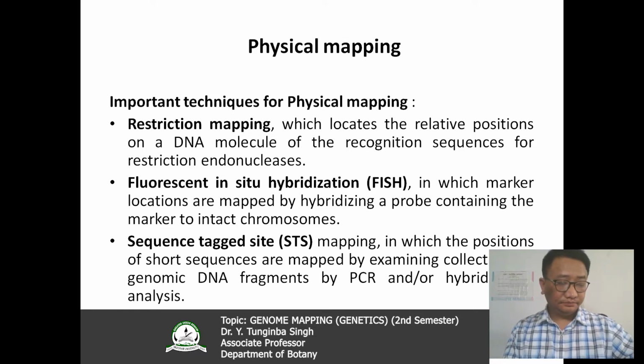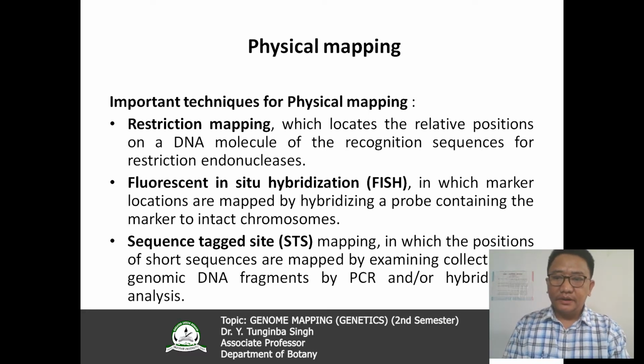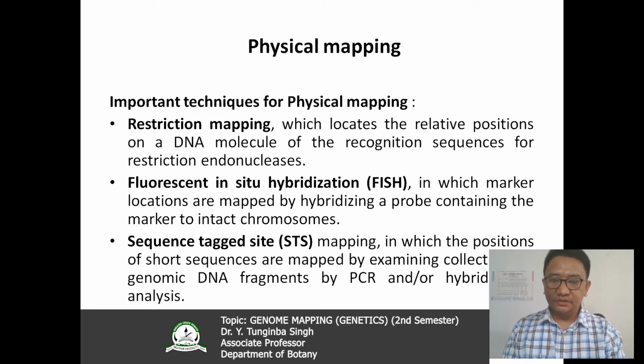I will quickly go through some of the important techniques for physical mapping now. Number one, restriction mapping, which locates the relative positions on a DNA molecule of the recognition sequences for restriction endonucleases. Fluorescence in situ hybridization, in which marker locations are mapped by hybridizing a probe containing the marker to intact chromosomes.